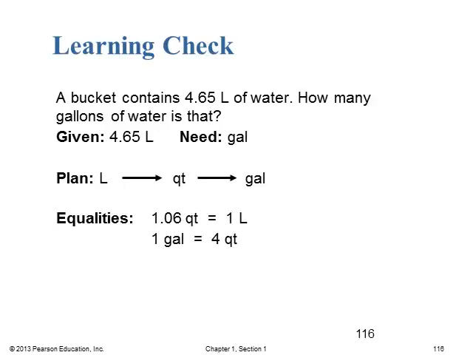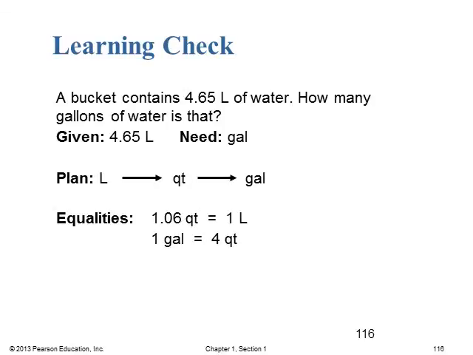Here, a bucket contains 4.65 liters of water. How many gallons of water is that? So we're given the liters, we need to get to gallons. If you don't have the quick conversion from liters to gallons, then you have to use the middleman of quarts.